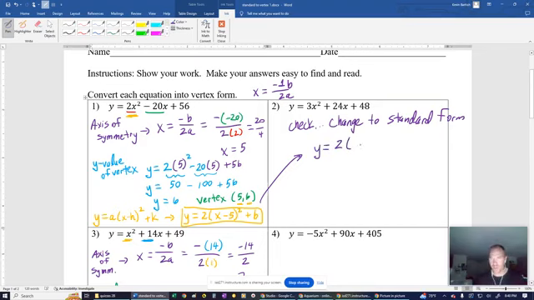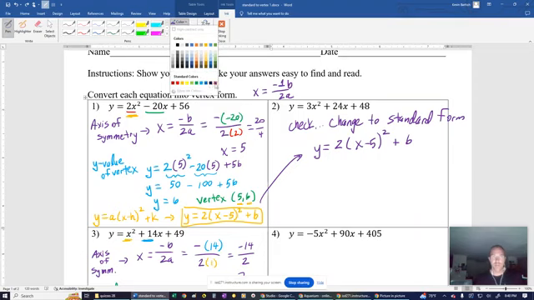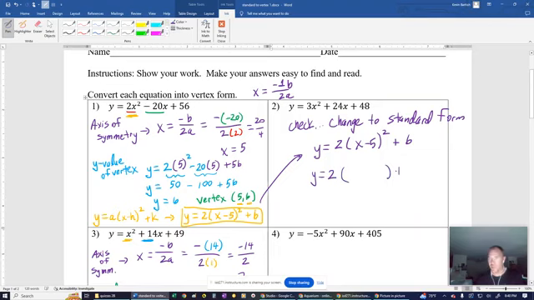I'm going to go a little quickly with this. You can do some of the work on the side if you want, but you can't do anything in parentheses. X minus 5, you're stuck with that, but you can still do the exponent. You can square the parentheses. You might have lots of methods that you use to square your parentheses. But the 2 is waiting its turn. The plus 6 is waiting its turn.